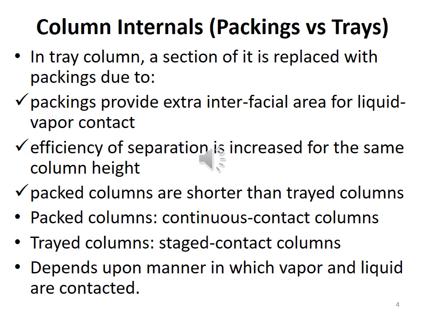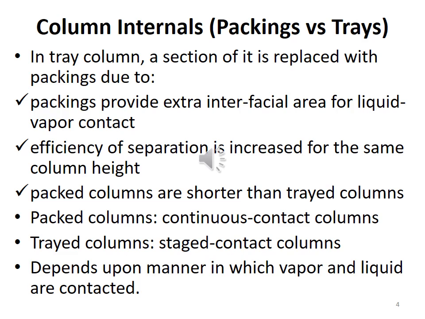So these packing materials will provide a higher frequency of interaction between the liquid and the vapors. The higher the frequency of liquid vapor interaction, the better the performance and the separation efficiency. The efficiency of the separation is increased for the same column height.